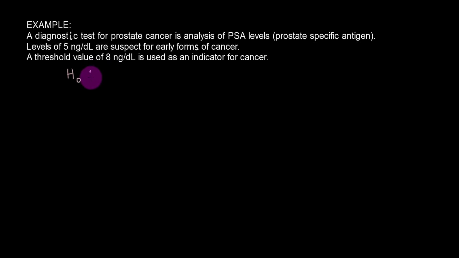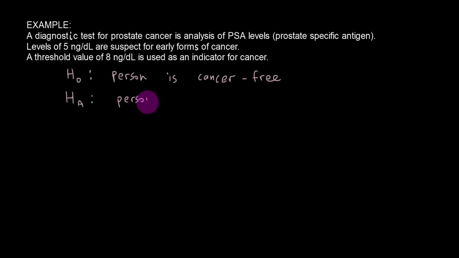Without any additional indication, one might suspect that you or any person is not possessing cancer. The person is cancer-free or healthy, but unless there's some evidence to suggest otherwise, then you might start to believe that you or this person has cancer.